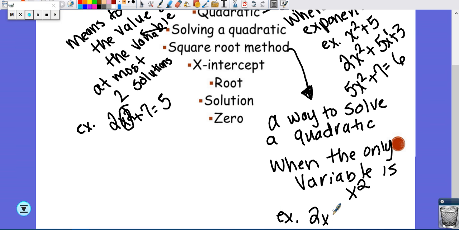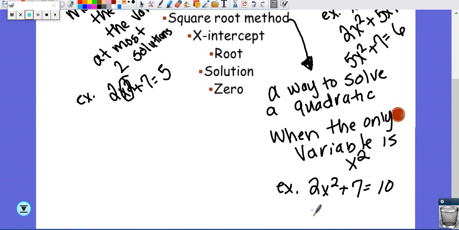I can use the square root method in this case because the only variable there is x squared. So you can use that method only when the variable in the equation is x squared. If that's not the case, then you have to go to another method.